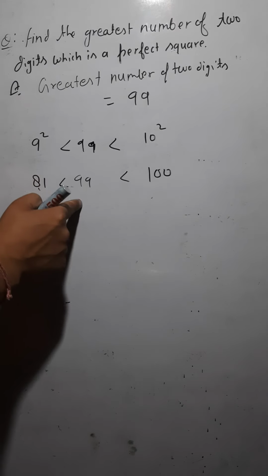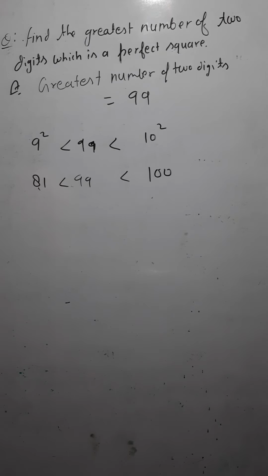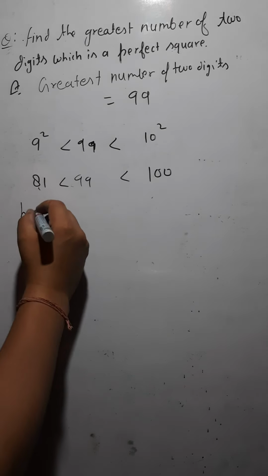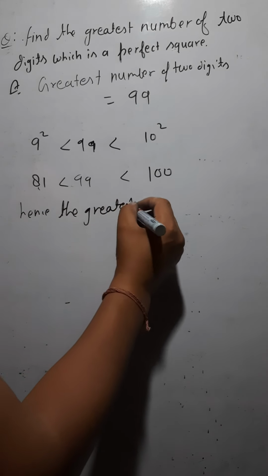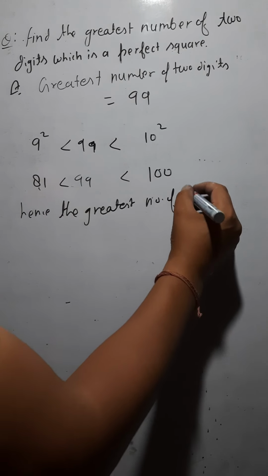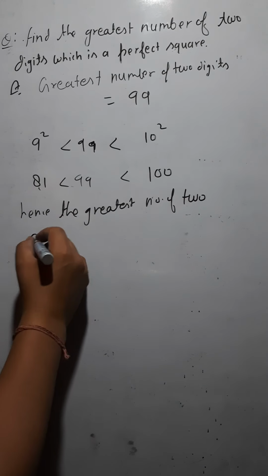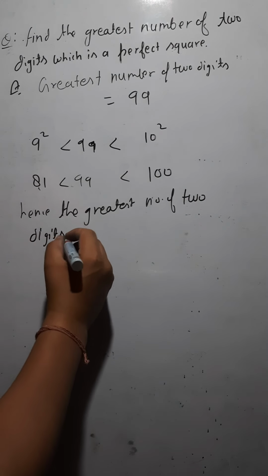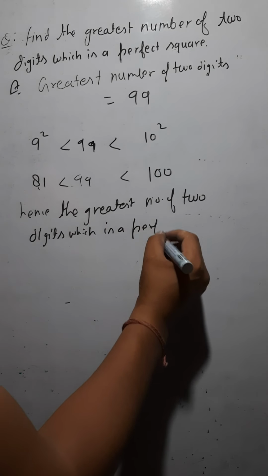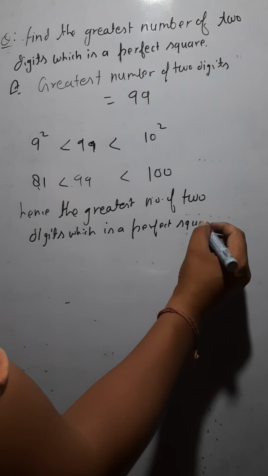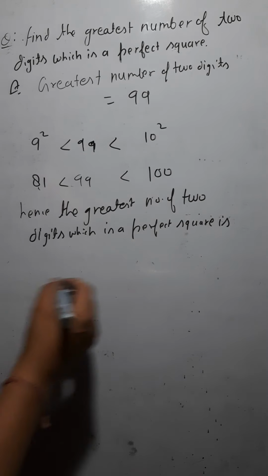So 99 is not a perfect square, but 81 is a perfect square. So you would write, hence the greatest number of 2 digits which is a perfect square is how much?